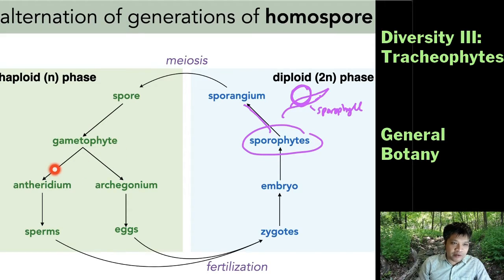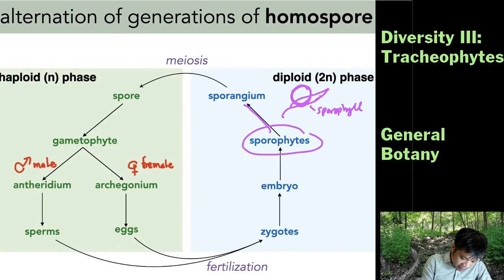That same gametophyte, or a different gametophyte, may produce an antheridium, which is a male structure, and this is the female structure, the archegonium. In case you don't remember the symbol, this is male. The male will produce sperm, and the female will produce eggs, and then fertilization happens and goes back to the cycle and repeats again.